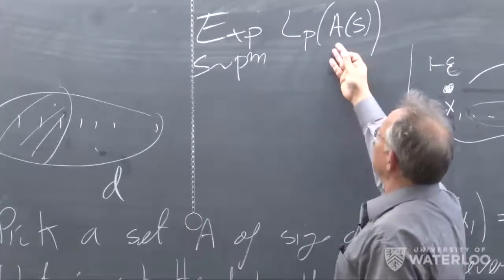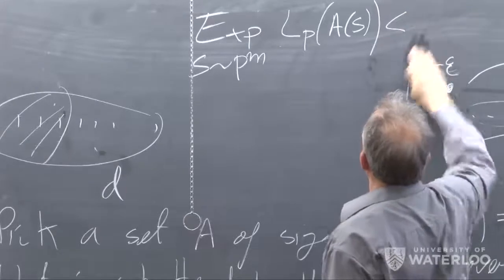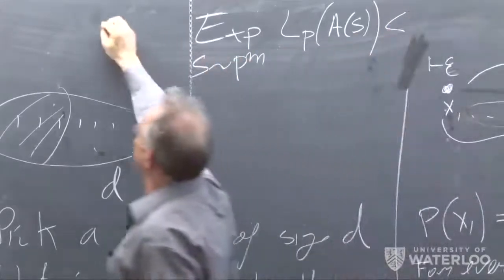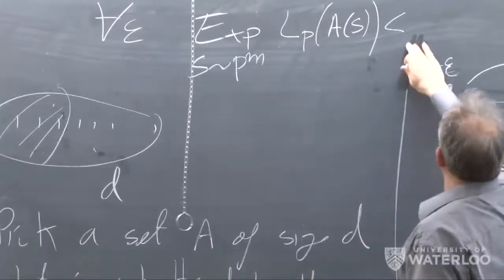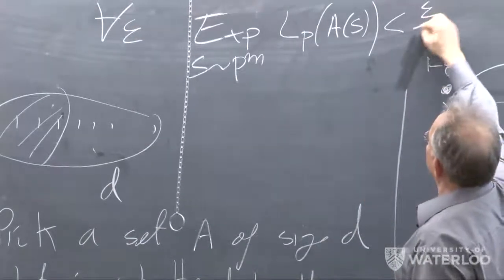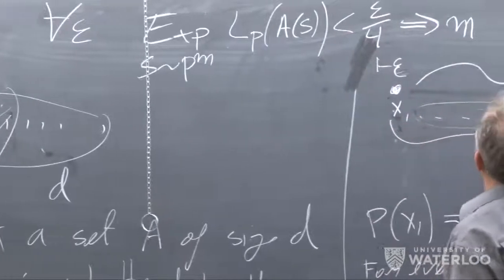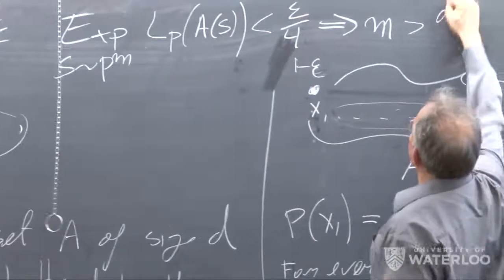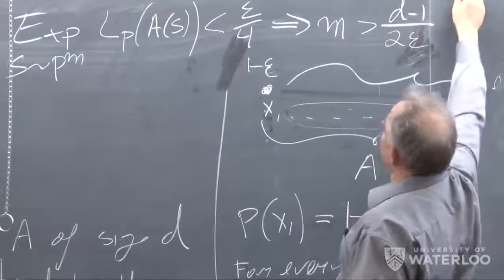And I'm saying for this to be less than epsilon over 4, we need that M be bigger than D minus 1 over 2 epsilon. That's what we showed now.